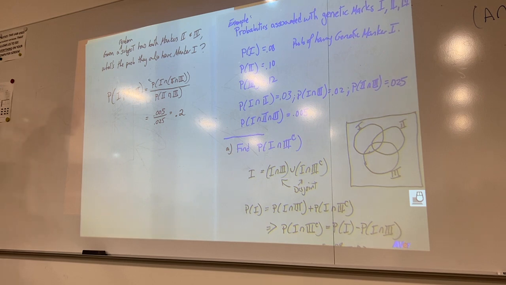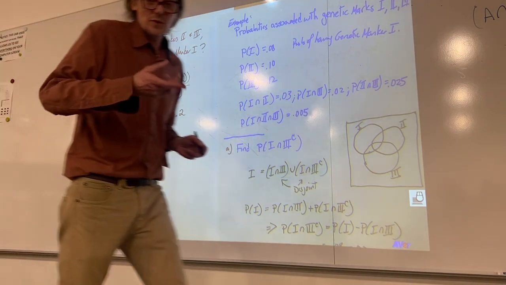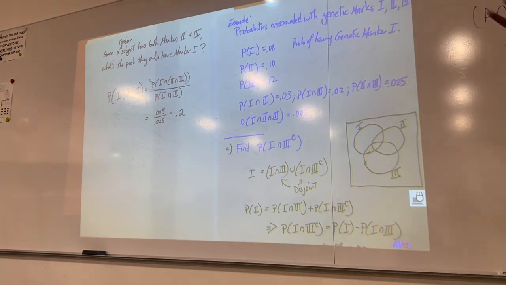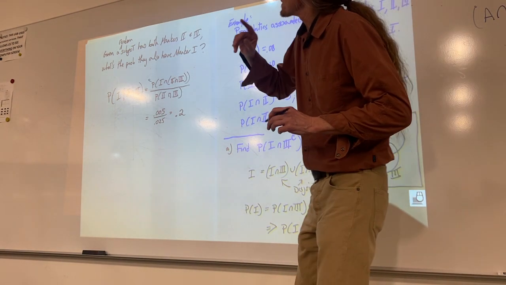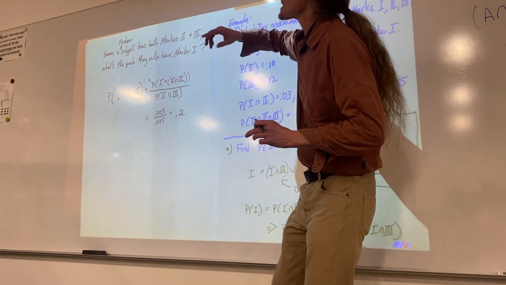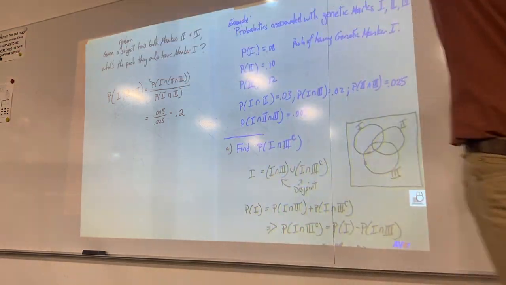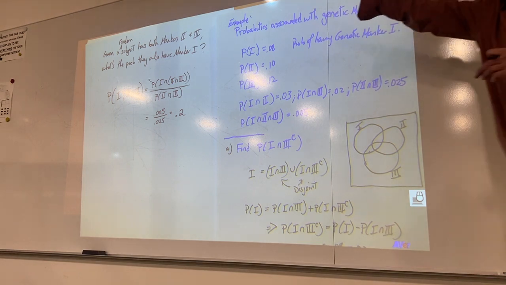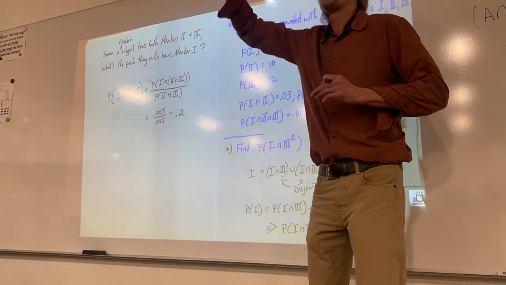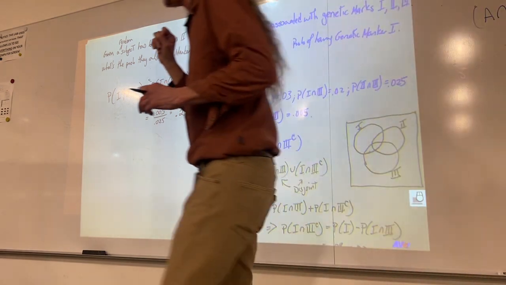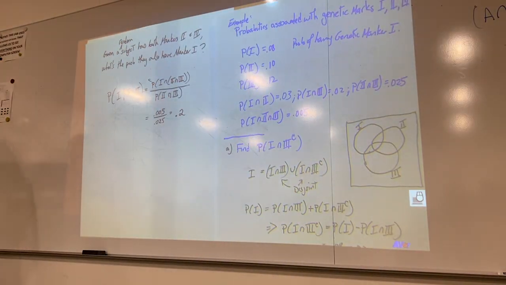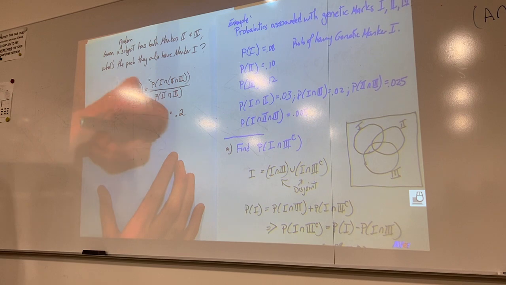Now a question that I think would take a little too much time, but I was thinking about it: given that somebody has either marker 2 or marker 3, what's the probability they have marker 1? Maybe I'll leave you to think about that, or maybe I wonder.